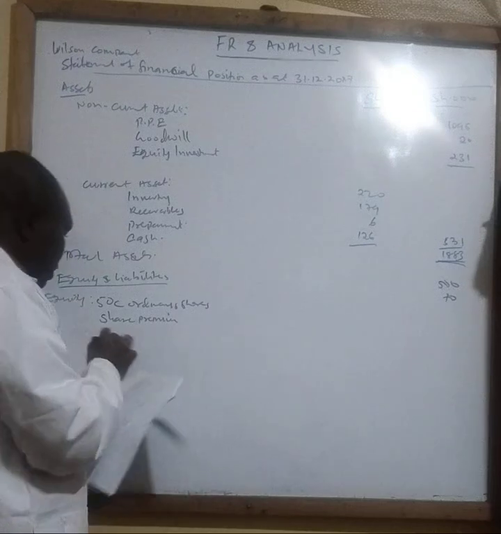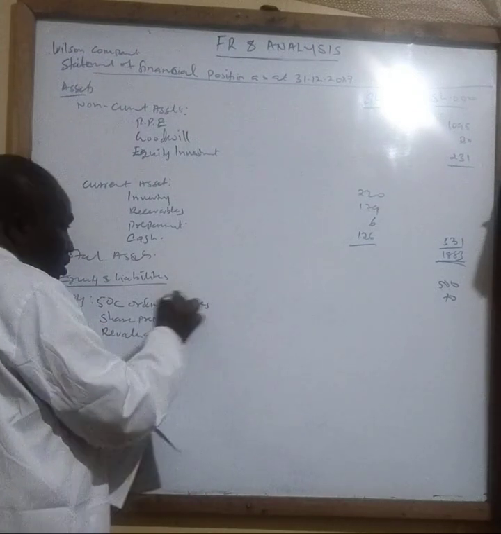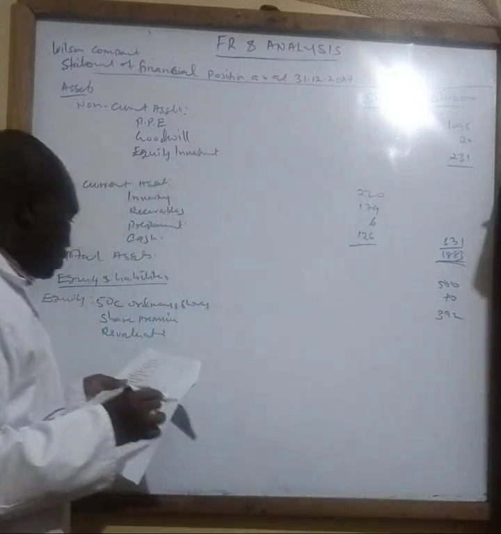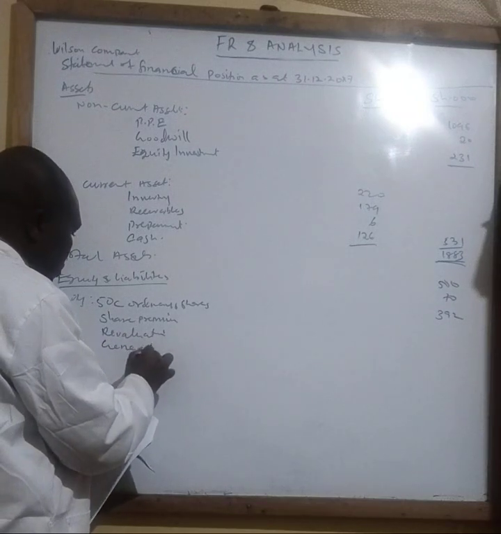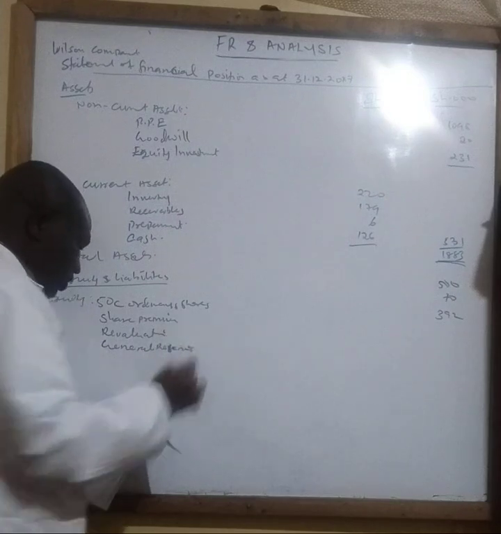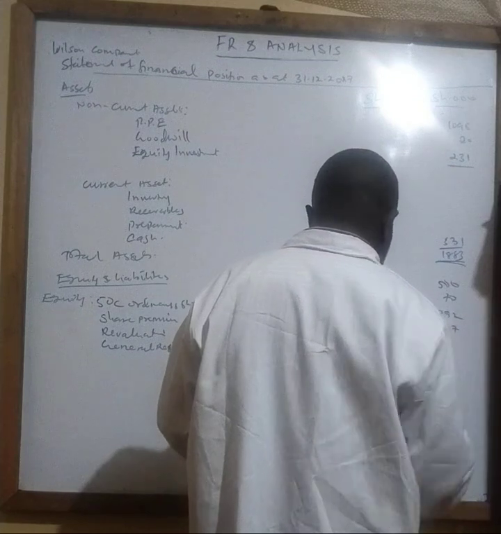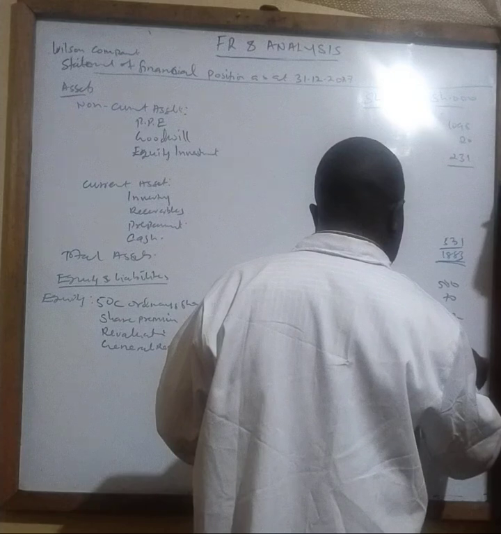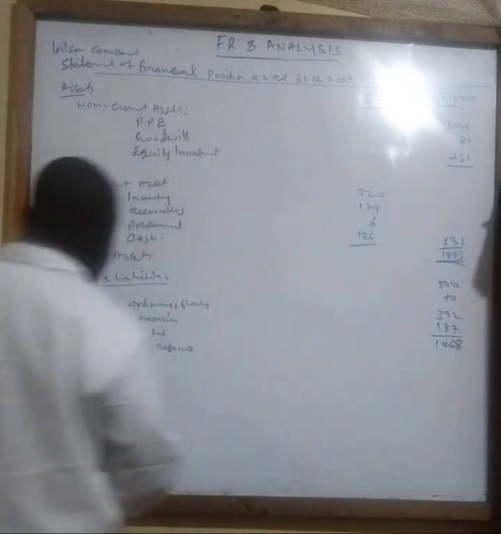We have also found revaluation, 392. We have also worked out general reserves, it was 187. Now if you add this, you will get 1468.